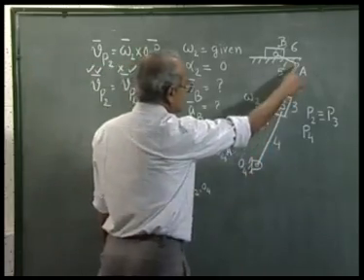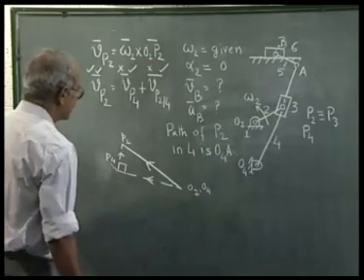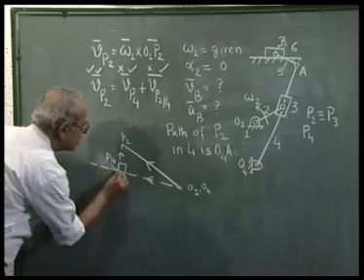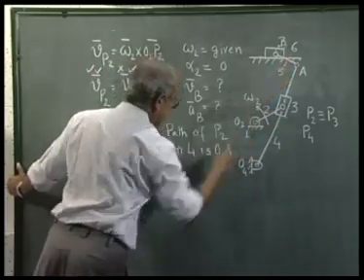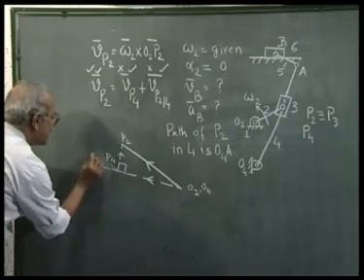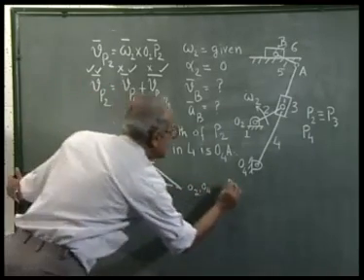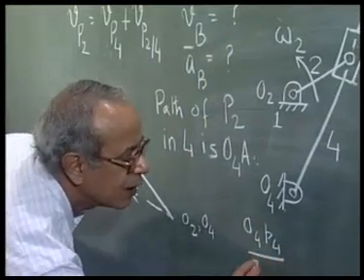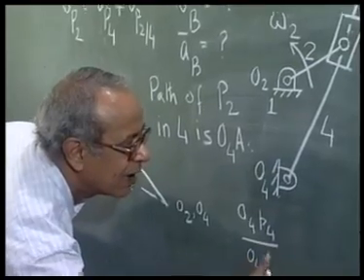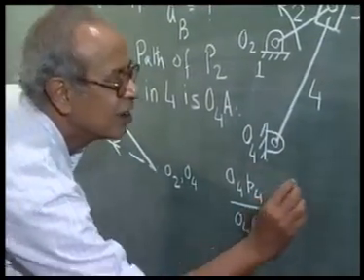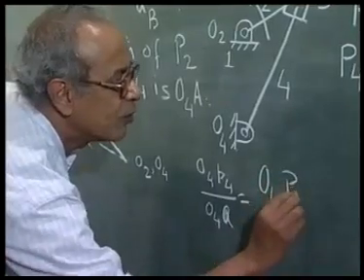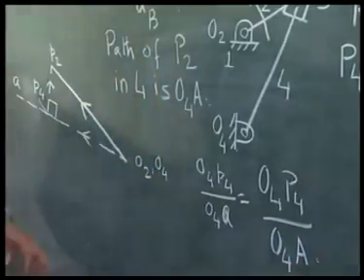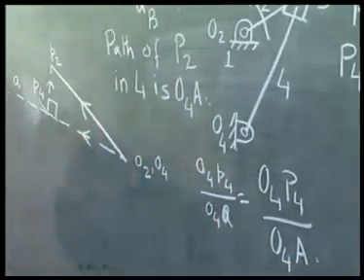So, for the velocity of the point A, I use the concept of velocity image and draw a diagram similar to this line O4 P4 A. I write o4 p4 a such that o4 p4 by o4 a is O4 P4 by O4 A. I just replace the capital letters by the corresponding small letters.